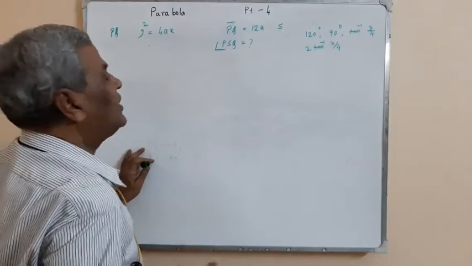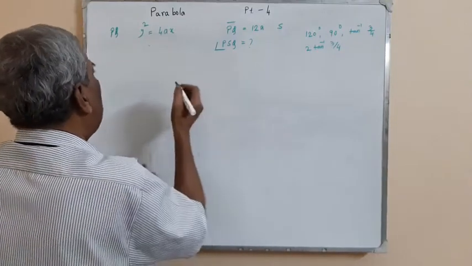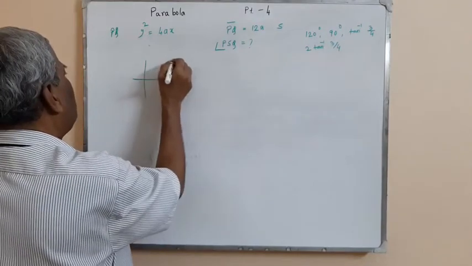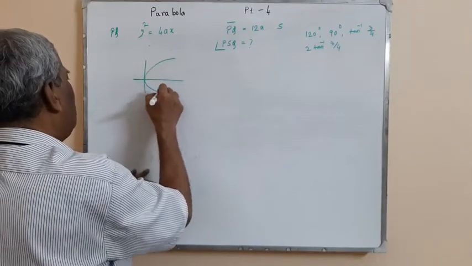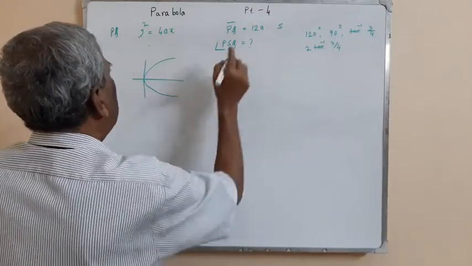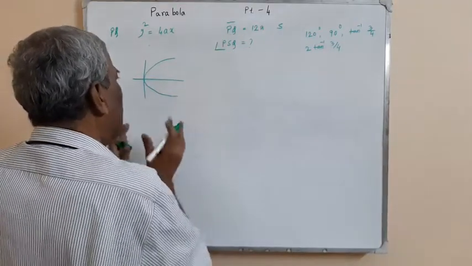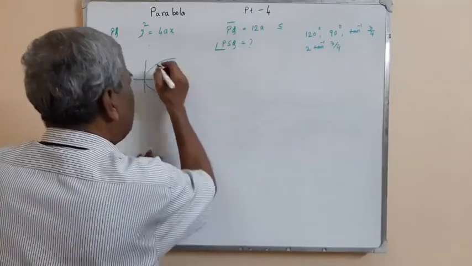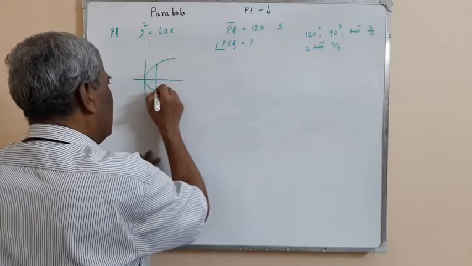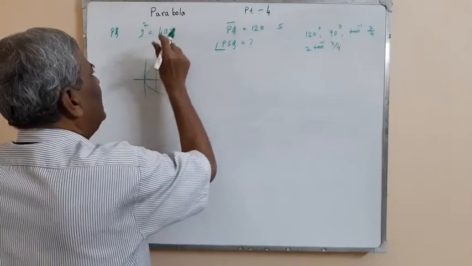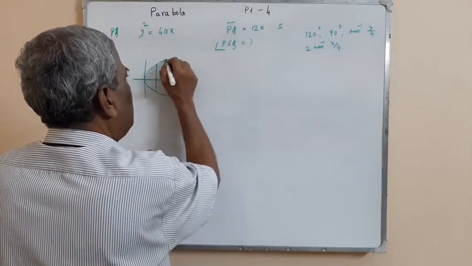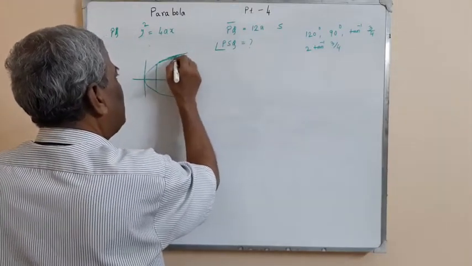So once the parabola in standard form is given, say this. PQ is a chord parallel to latus rectum. Suppose this is the latus rectum, its length is 4a and the length of PQ is 12a, so it must be somewhere after that.